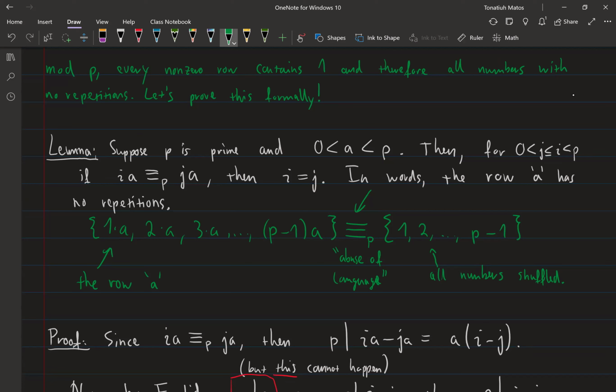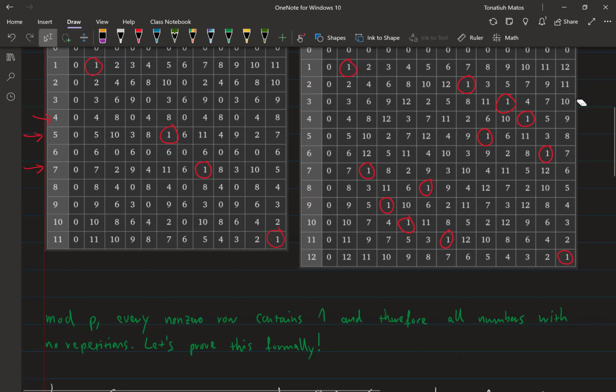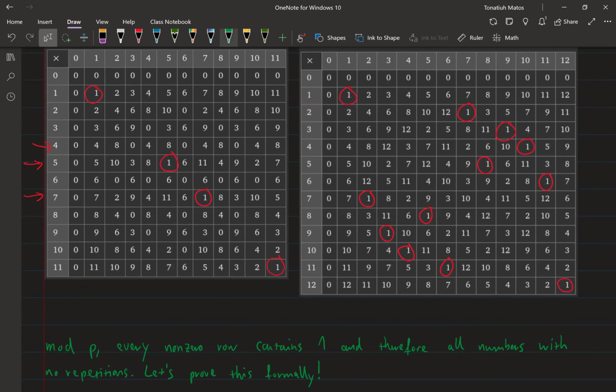There's no a on the right side. a doesn't play a role because when p is a prime number, the multiples of any non-zero number are just all the numbers. So a doesn't appear here, as you can see. But of course, a appears here because it is the row of a. Maybe it is clearer if you look at this again in the row.